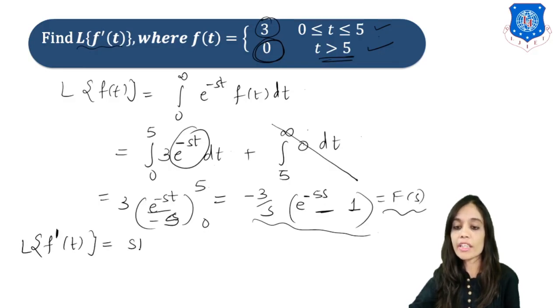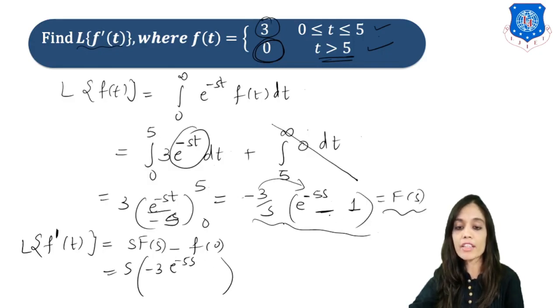So we know the formula, it is s F of s minus f of 0, right? So now firstly let us multiply this inside, okay? S times we will have what? Minus 3 into e raised to minus 5s minus minus plus. So plus 3 upon s. Right?